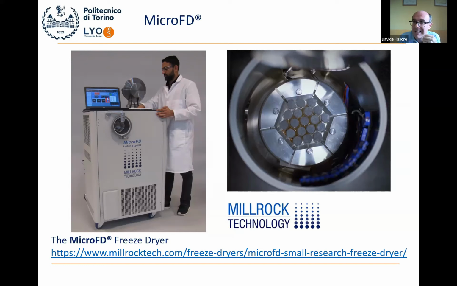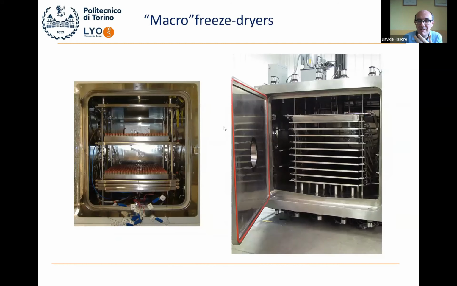In this case, 10R vials are loaded in the freeze dryer. You may load an even higher number of vials, obviously in case the vial diameter is smaller. But in any case, the number of vials, the size of the batch that you process, is significantly lower than the size of the batch of an industrial scale freeze dryer, or even of a pilot scale unit.